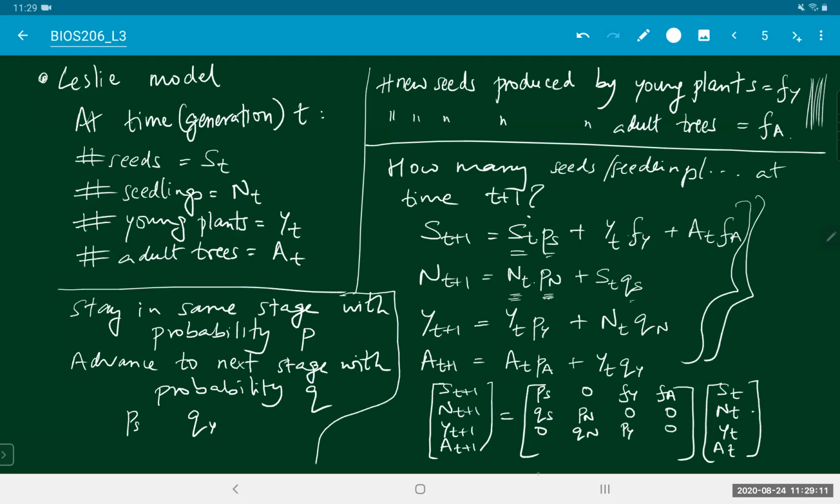And At plus 1 doesn't depend on this, doesn't depend on this, Yt with a factor QY, At with a factor PA. Are you with me? Can you see where this matrix came from? Yes, Professor. Is there something that you would like me to repeat?